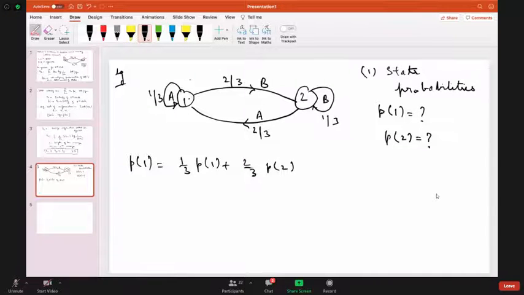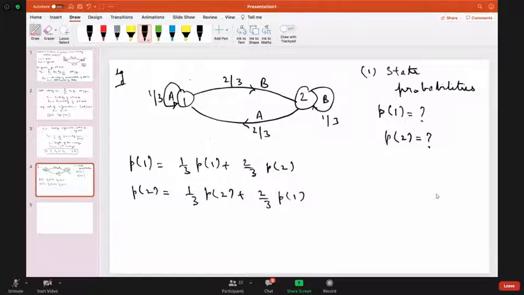Similarly, the probability of state 2 is 1 by 3 times the probability of 2 plus 2 by 3 times the probability of 1.